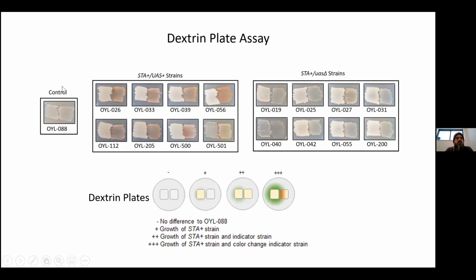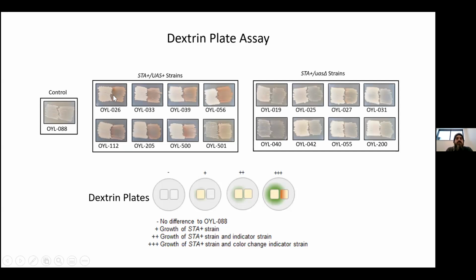In the control over here is a non-diastatic strain plated next to the indicator strain. Here, there's a wisp of growth that you always see, just because there's always some amount of contaminating sugars in agar that allow a little bit of background growth. But you're not seeing any pink growth.